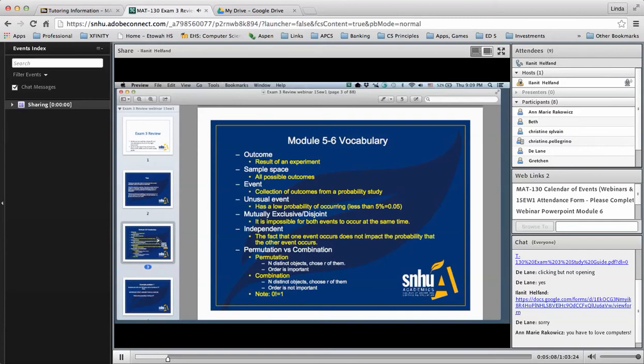Now here's something that is important to know, because especially this textbook asks you a lot about things that are unusual. Whenever they ask you if something is unusual, the definition that they're using is less than a 5% chance of occurring, or less than 0.05. This isn't out of nowhere. This 5% cutoff you see all over the place in statistical theory.